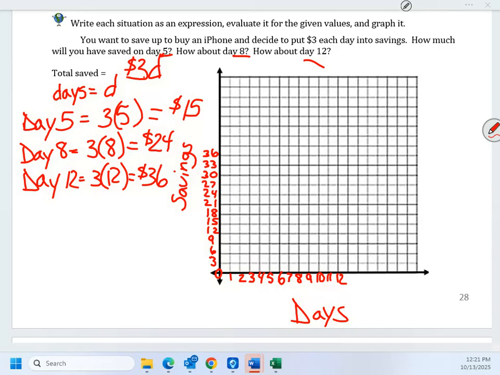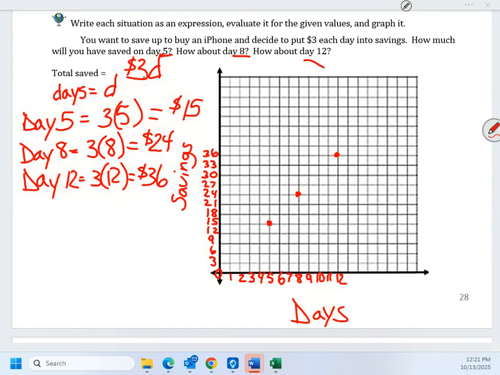Now I'm going to graph it. On day 5, so I come to day 5, I have $15. On day 8, I come over to 8, I have $24. And on day 12, I have $36. So that is my graph of that expression.